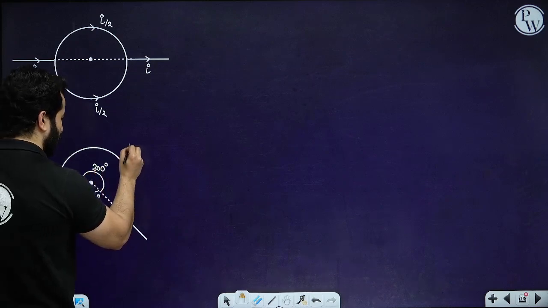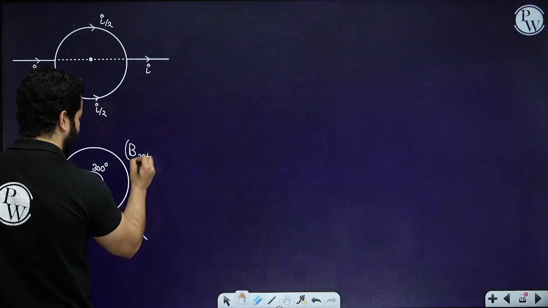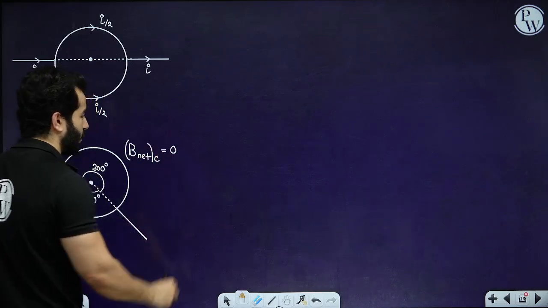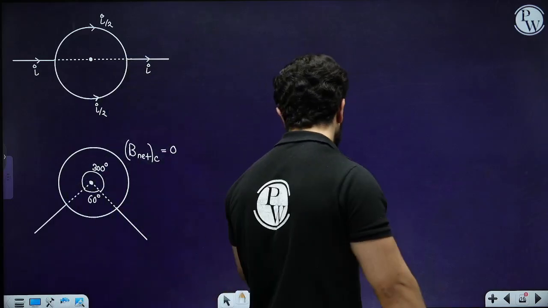In this also, always, net magnetic field at center will be 0, no matter what these things are.